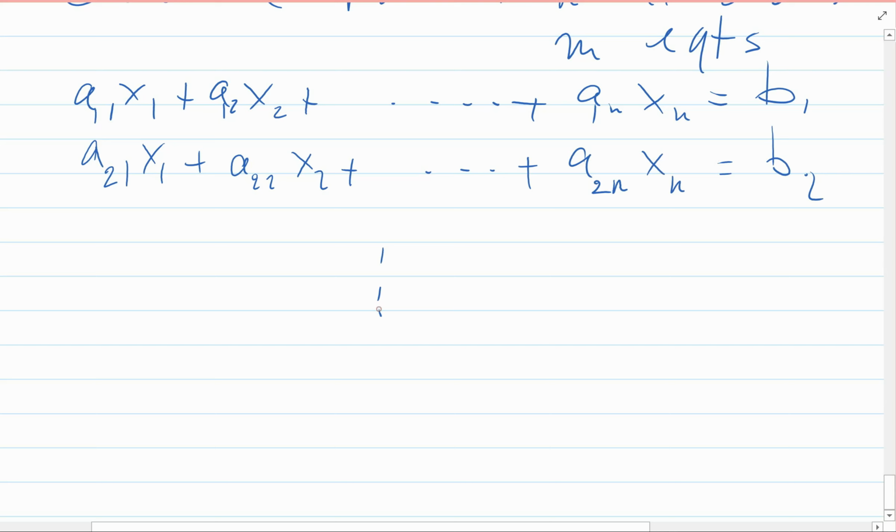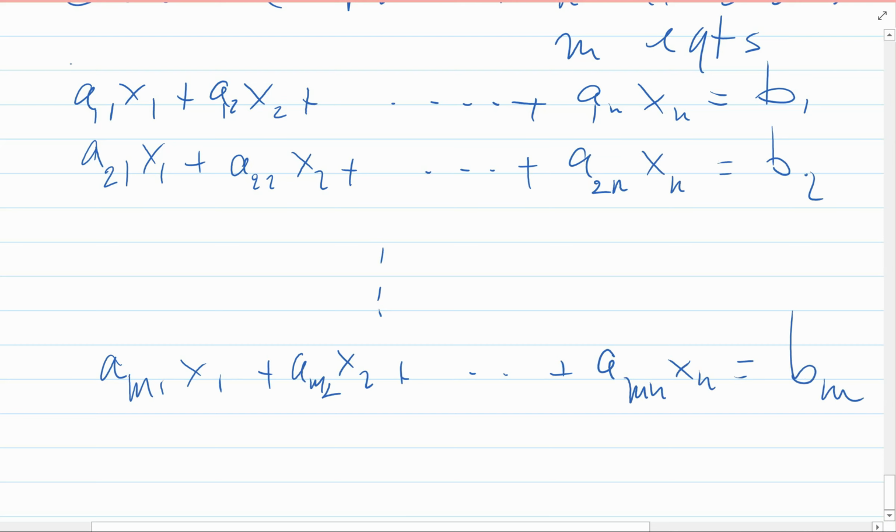If we go down, the last one would be the mth equation: am1 x1 plus am2 x2, etc., till we reach amn xn equals bm. This is the system. So what's the meaning of aij?